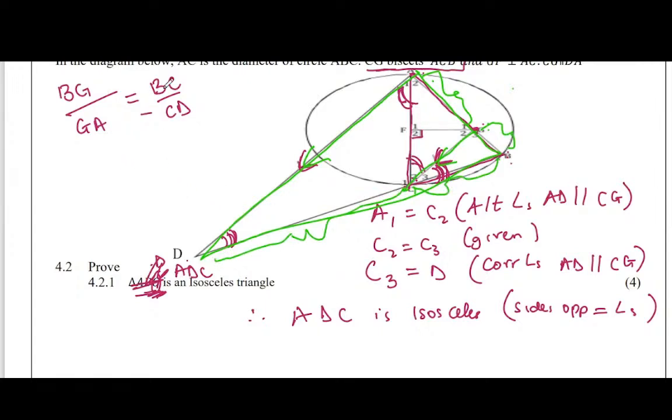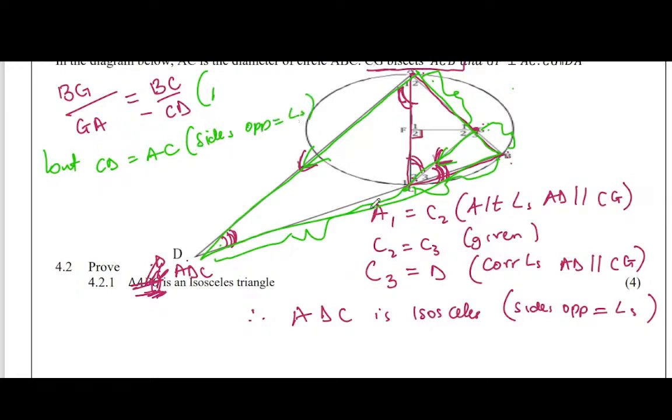And the reason is going to be a line parallel to one side of a triangle, which means AB is parallel to that. But we know that our CD is the same as the AC. The reason is sides that are opposite, because CD is the same as AC. We just proved that it's an isosceles triangle.